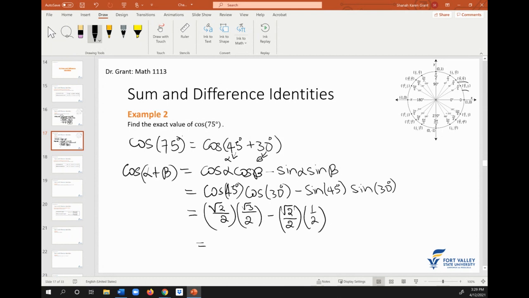So this becomes root 6 over 4 minus root 2 over 4, which becomes root 6 minus root 2 over 4. And that's your answer. So no need to put it in decimal form or anything of that nature. You can leave your answer as is.